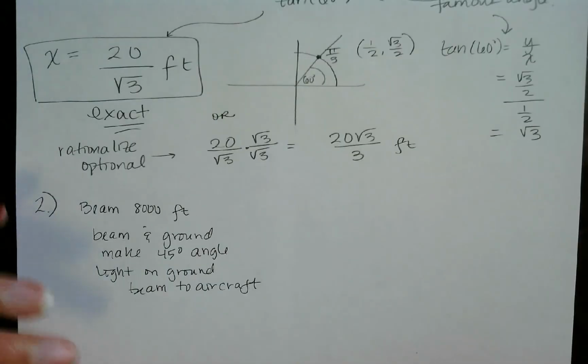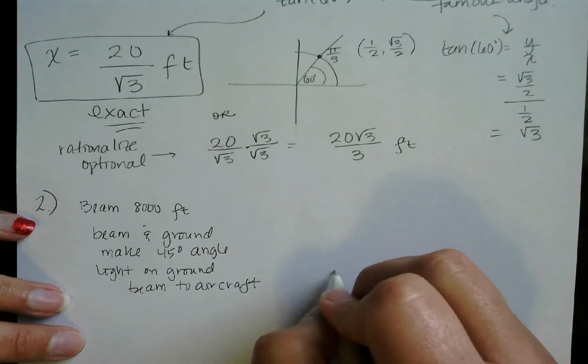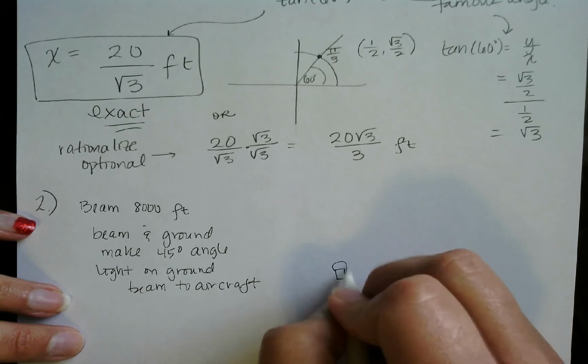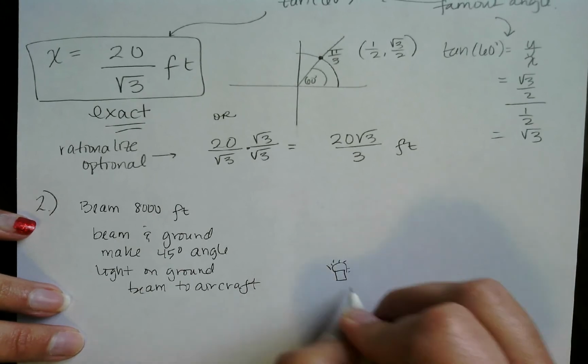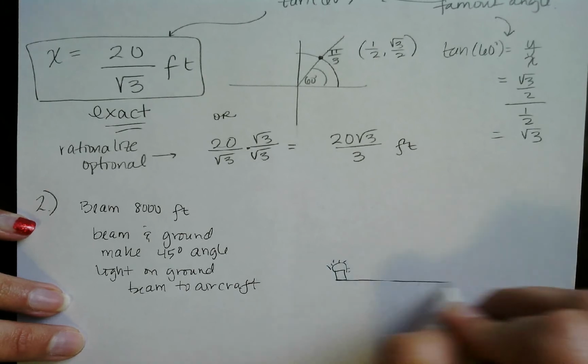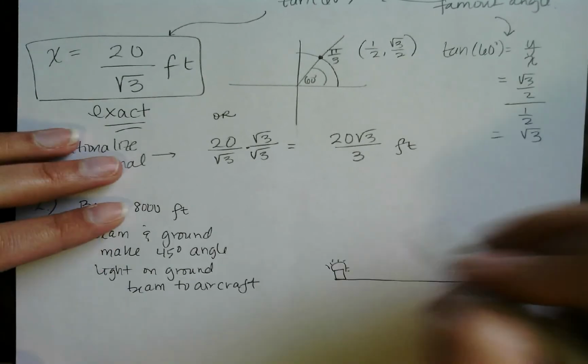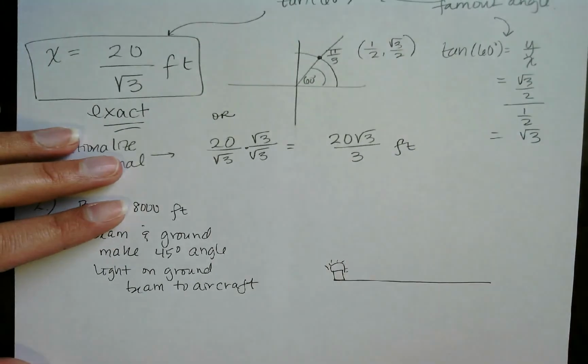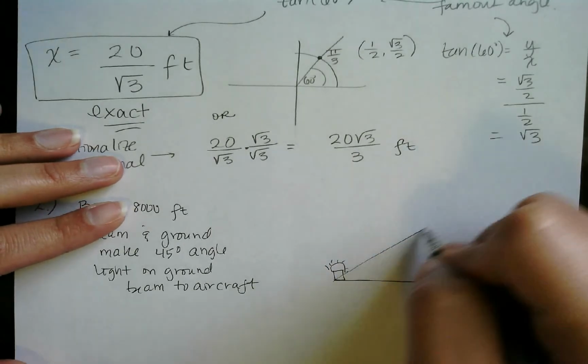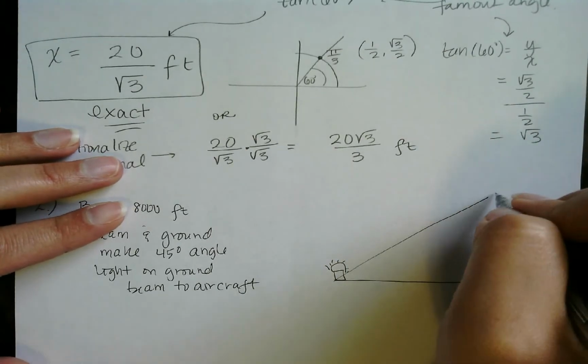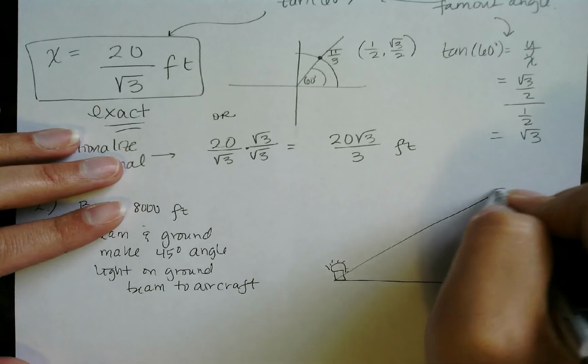Alright, so here we go. So you're on the ground. Here's a light. Okay. This is the ground. And the beam hits an aircraft. Say it's a flying saucer.